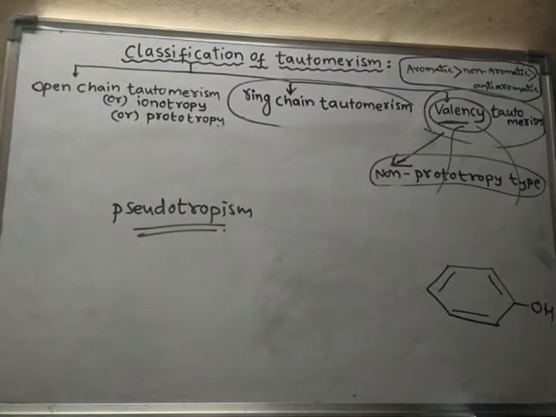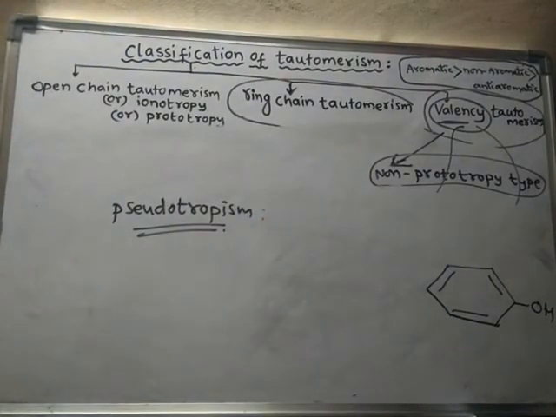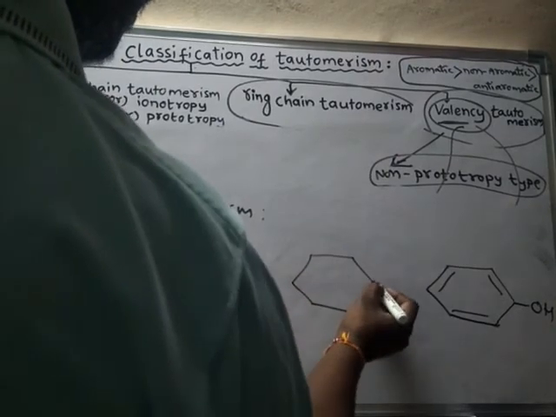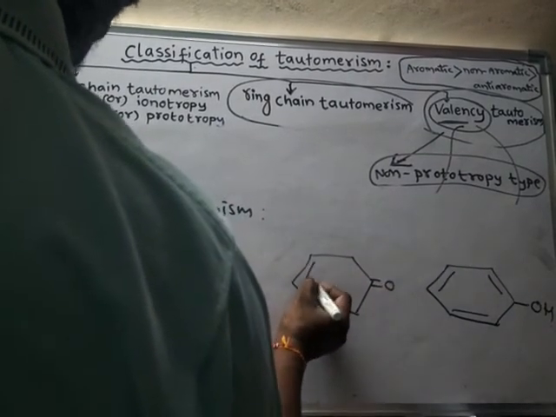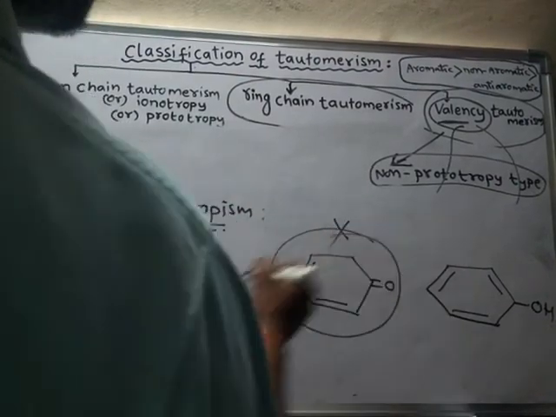So generally what happens in this process, this is a special type of phenomenon where there is a possibility of two or more tautomeric forms. Actually this tautomeric form also should form, but as it is highly unstable, it does not form.